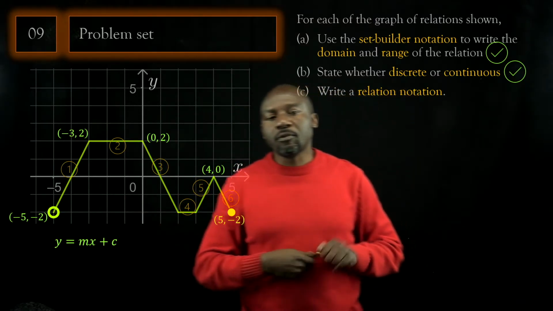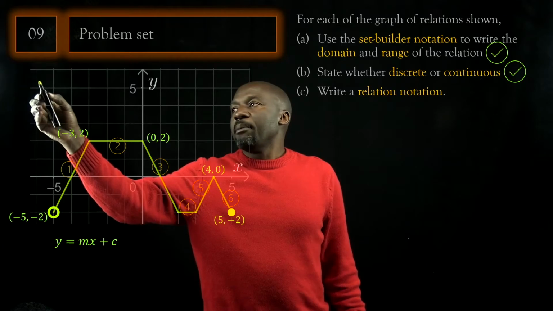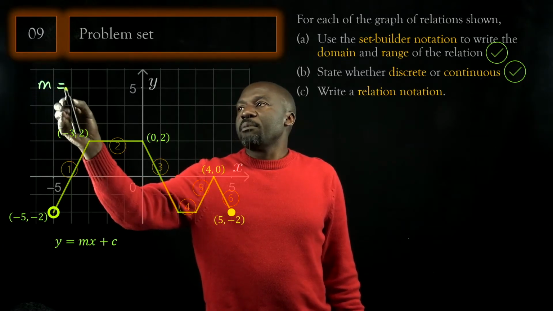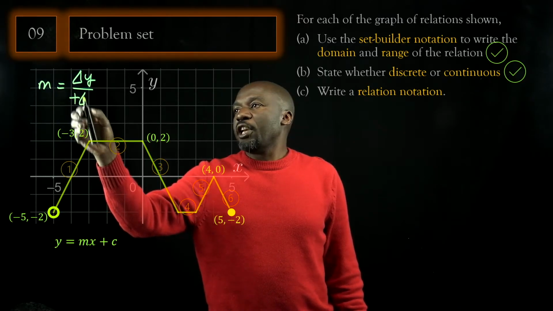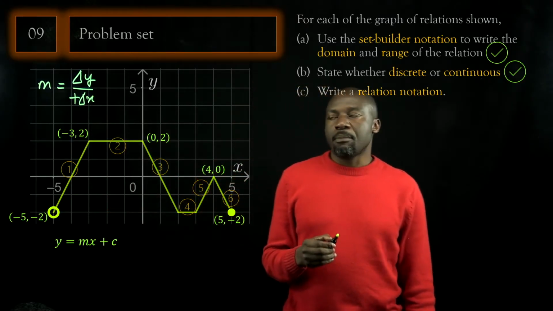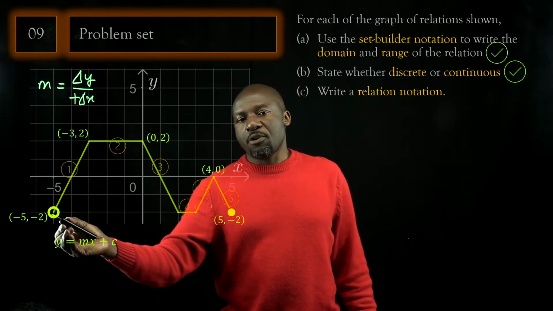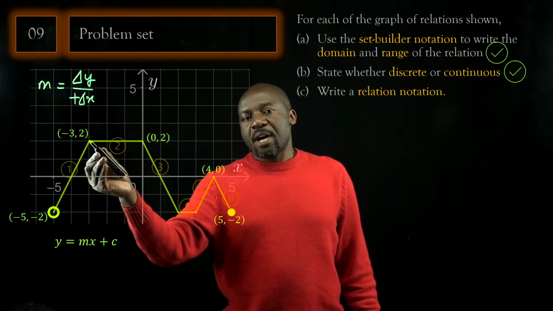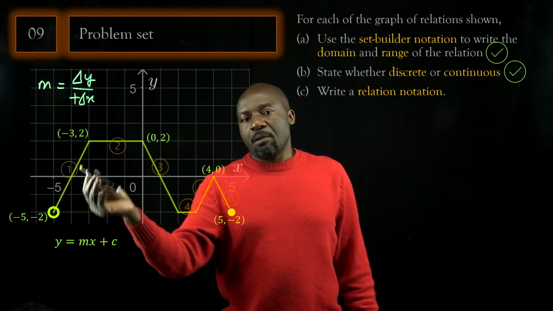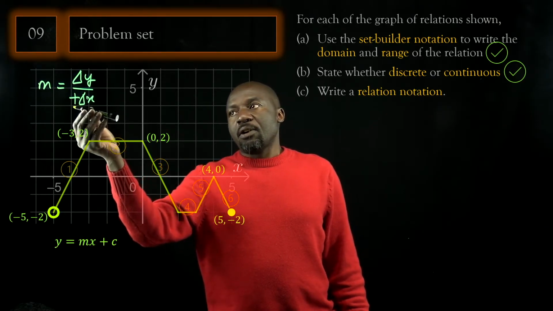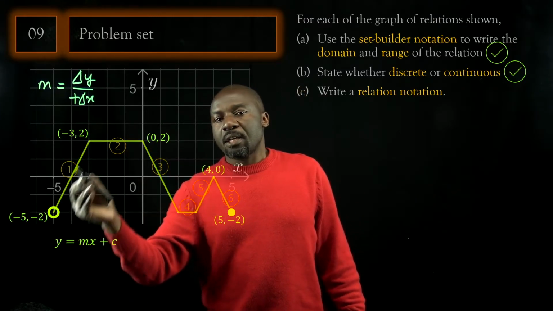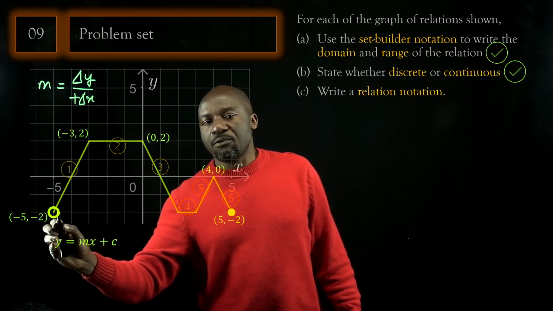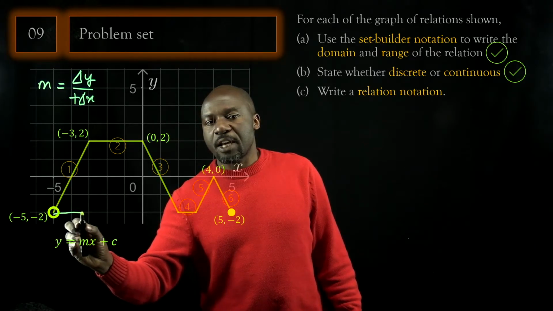Well, the gradient of a line m is given by the change in y over the positive change in x. By how much have I increased my value of y? By how much have I risen as I move in the positive x direction? So moving from here to there means I move 2 steps in the positive direction.